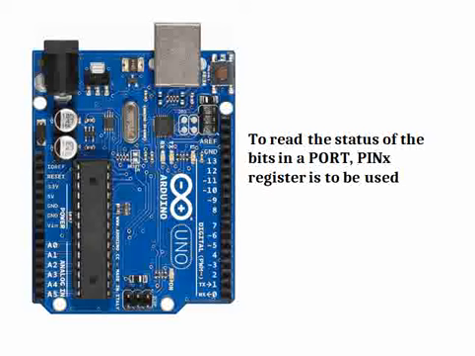In that case, to read the status of that particular port, you have a register called the PINx register. That means you can read the status of the pin. Very, very important register. So three registers, DDR, PORT, and PIN, are the very, very important registers in Arduino.